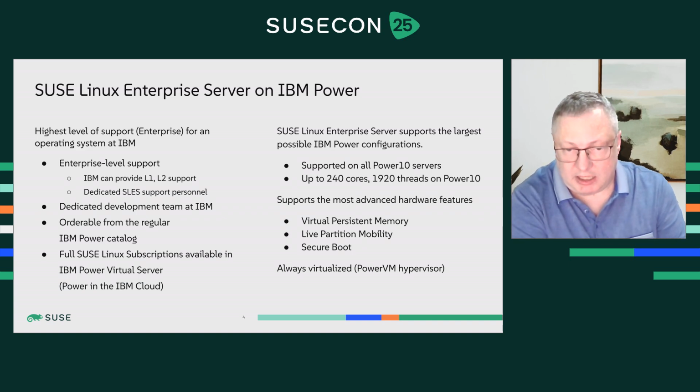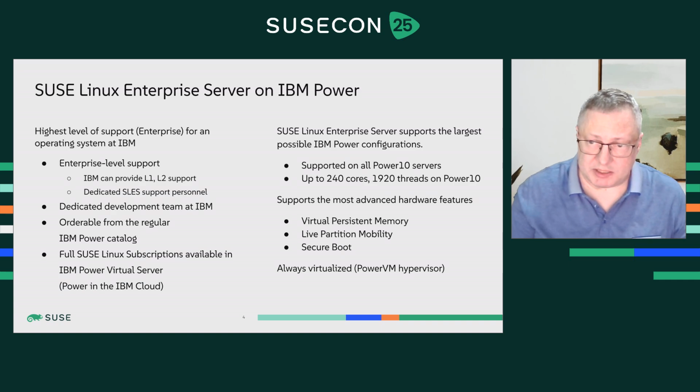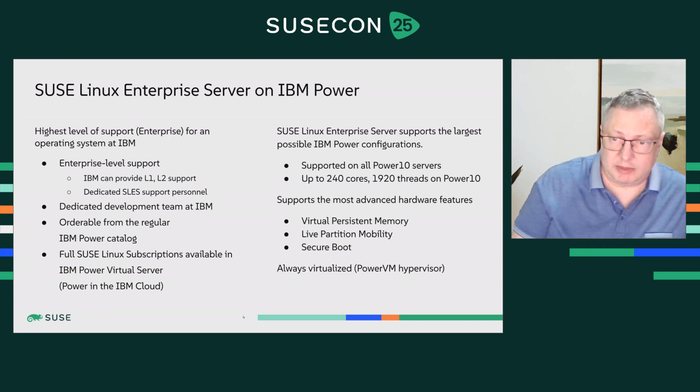Now, when it comes to hardware support, SLES supports the largest possible IBM Power configuration. At the moment, on Power 10 systems, which is the current generation, we can go all the way to 240 cores, 1920 threads, and that's fully supported with a SLES instance.